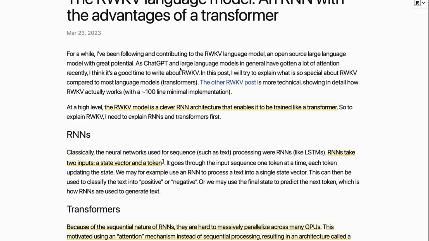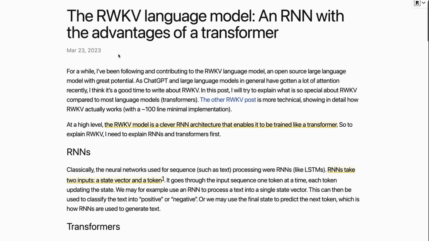There were some things like Bahdanau attention that allowed the ideas of attention to start in RNNs before they moved to transformers, but they suffered a lot of problems with training and just being able to parallelize them on GPUs. So what this basically is talking about is that this model is like a clever RNN architecture that enables it to be trained like a transformer.